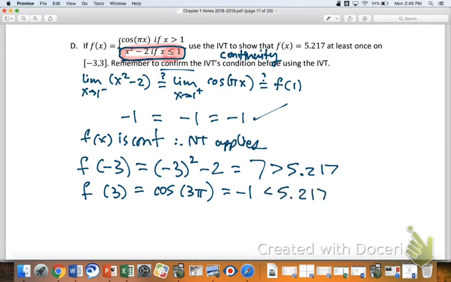So we just used the IVT. We found a number that is above our target and a number that is below our target. You could have plugged in other numbers, but -3 and 3 work pretty well.